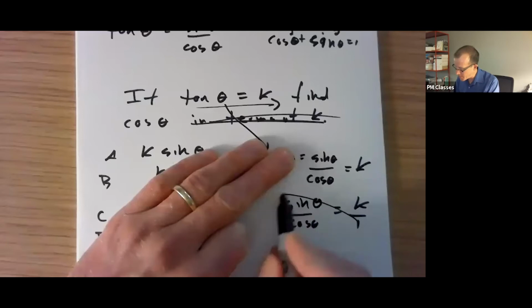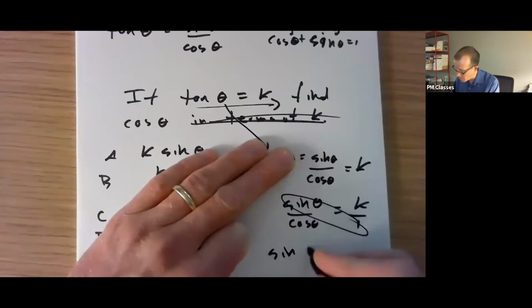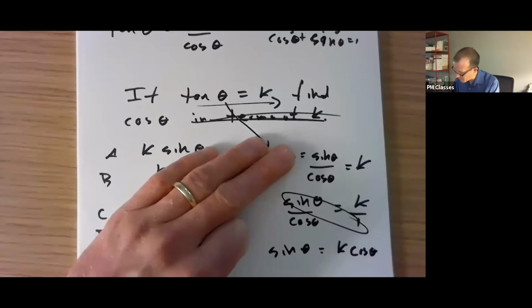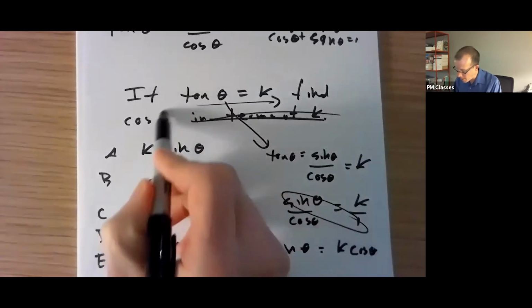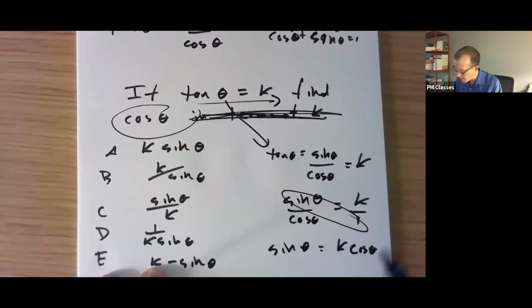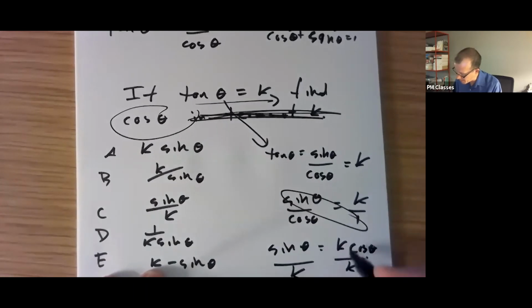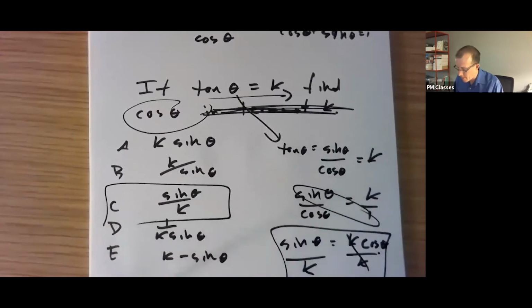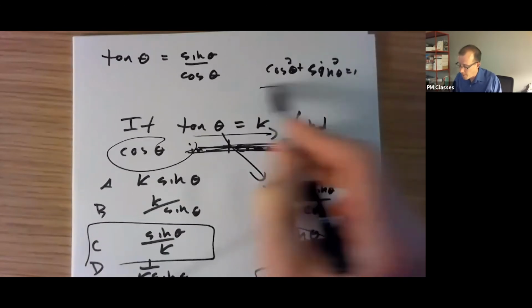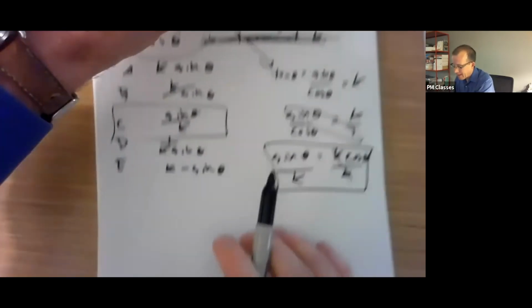So that means sine times 1 is sine equals k cos theta. If I wanted cosine, I would simply divide both sides by k, and cosine would equal sine over k. And there's my answer. Okay? So that's one problem.